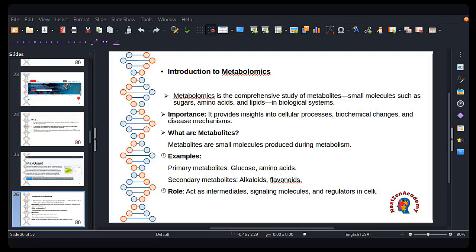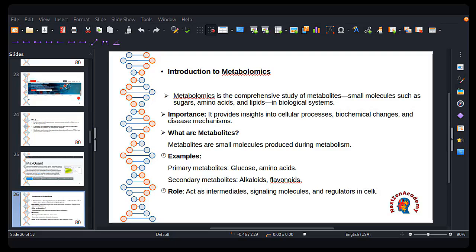See, there are two main differences between primary metabolite and secondary metabolite. For the basic cellular functions, primary metabolites are present. And secondary metabolites have some specialized roles. Then primary metabolites are universally present, meaning they are present in all organisms.